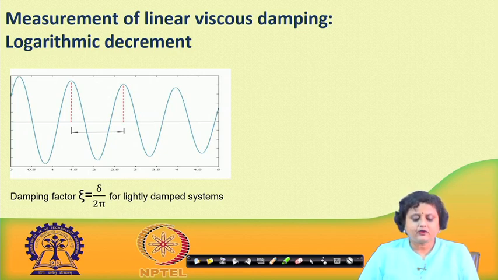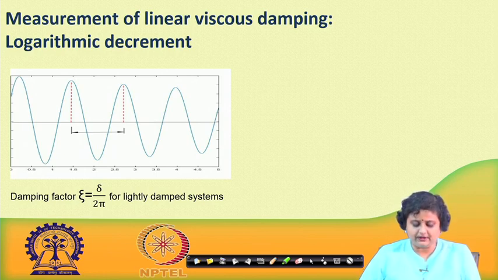Now, I also said in the last lecture that the most common way of finding out damping of a system is through experimental analysis. The most common form of experiment that we do to find out the damping of an underdamped system is called the logarithmic decrement.